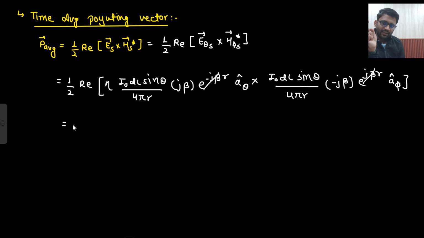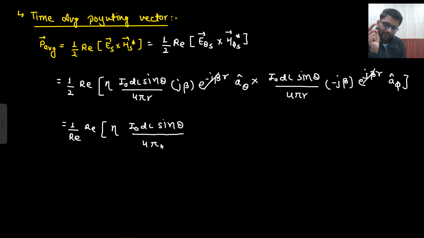Now what you are getting is 1 by 2 real of eta into (I dl sin theta upon 4 pi r into beta) whole square, and then a theta cross a phi.